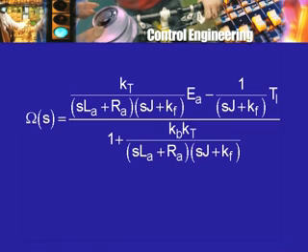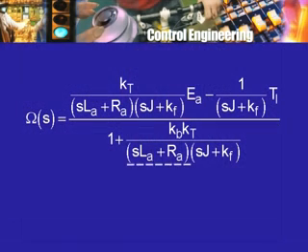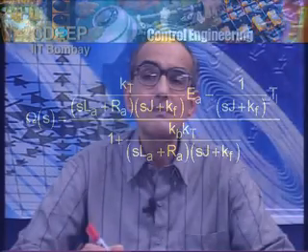One can always check this set of equations for dimensionality to check whether they are dimensionally correct. For example, let us look at the fraction Kb Kt divided by SLA plus RA into Sj plus Kf. Kb is what? Kb is volts per RPM or per radians per second. SLA plus RA is what? RA is resistance, so volt per ampere.